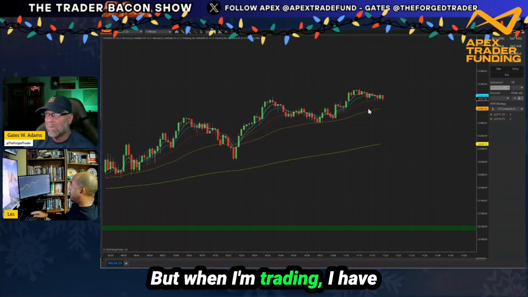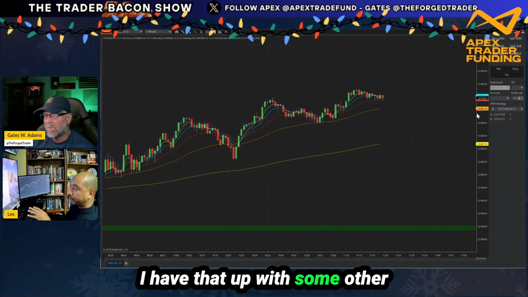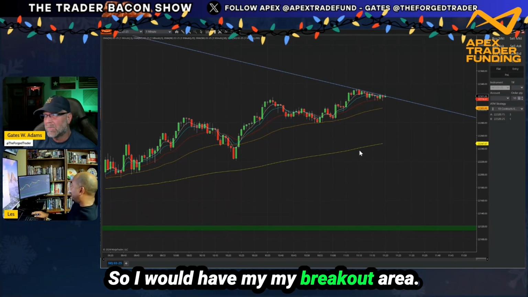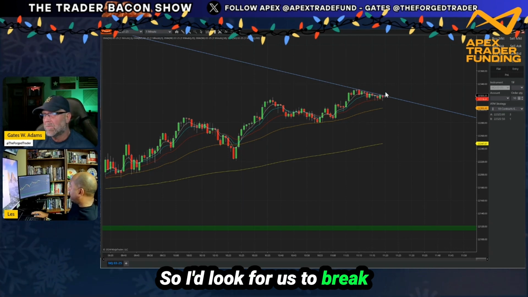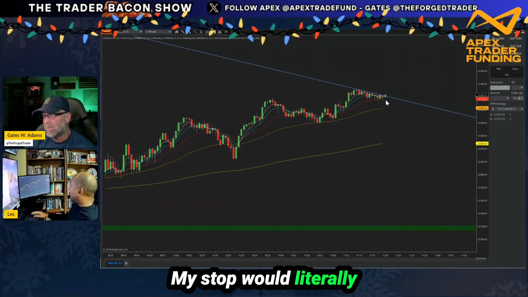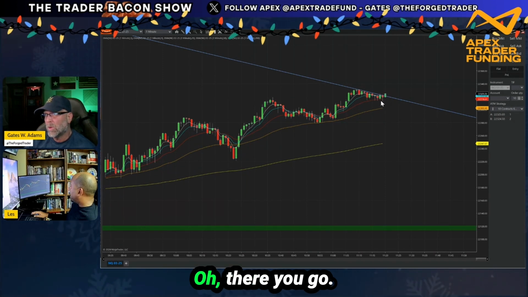But when I'm trading, that was a 10-minute chart. I have that up with some other time frames, but I'm literally trading on the 1-minute chart. So I would have my breakout area. I look for us to break and hold above here. My stop would literally be right underneath the swing point.